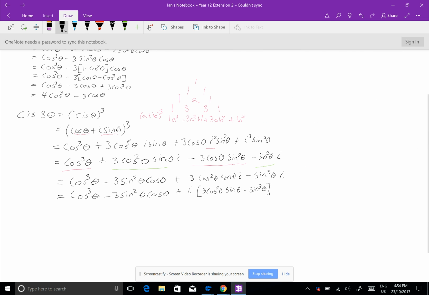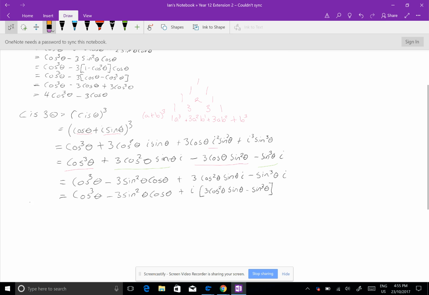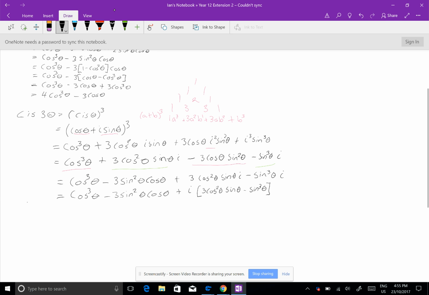Okay. And we know that this is the same as cis 3 theta. And cis 3 theta is cos 3 theta plus I sine. And that's a bit messy. I'll tidy this up. Cos 3 theta plus I sine 3 theta.